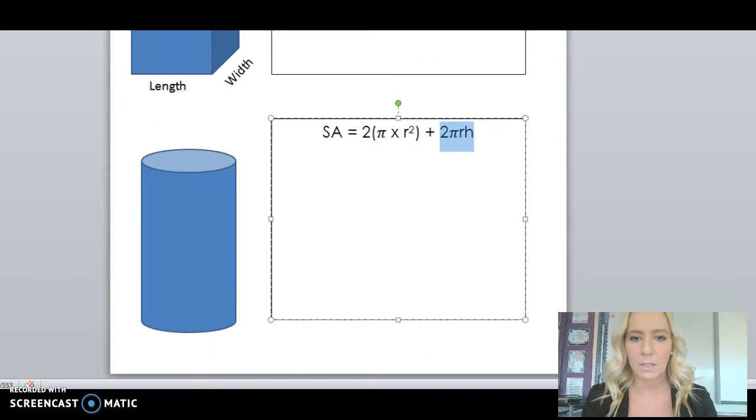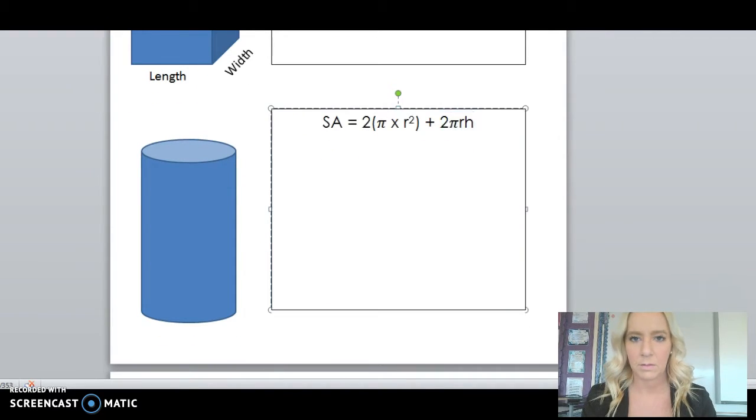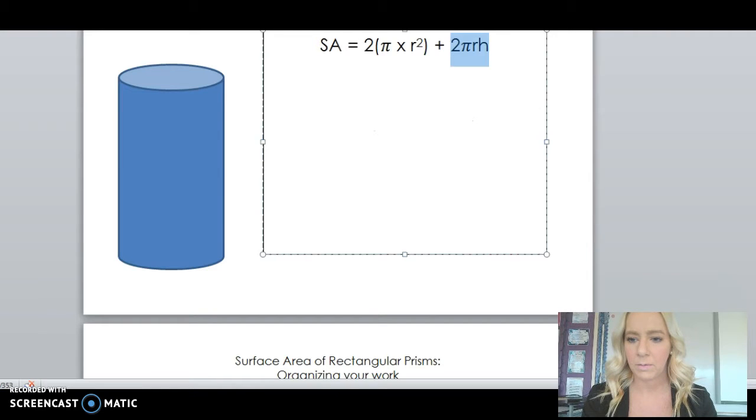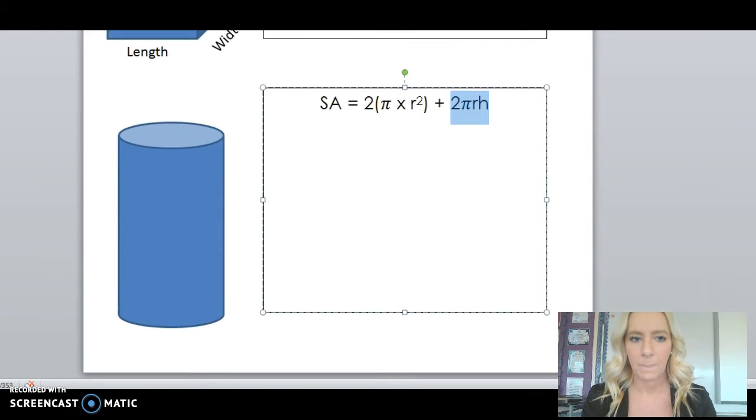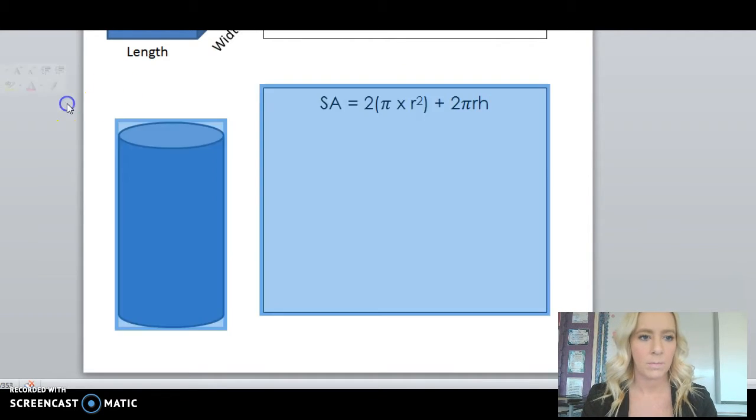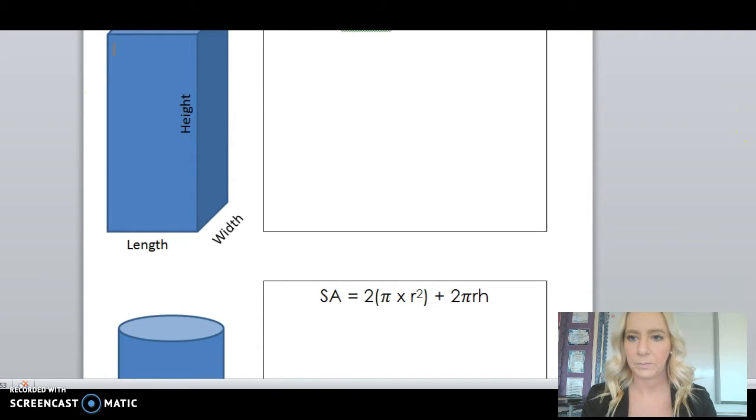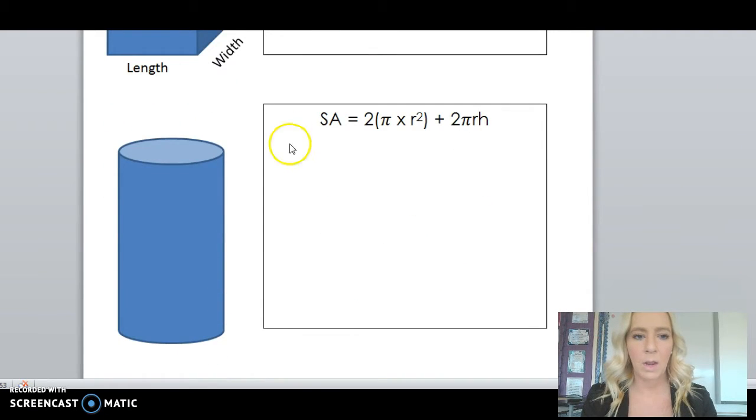So the first thing we need is we're going to draw a radius. That's important. So let's make the radius, mark our radius, 3 feet.